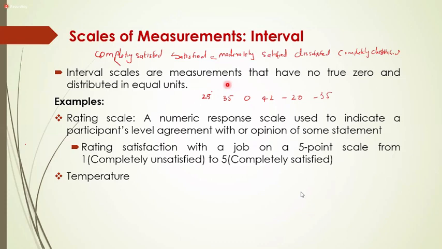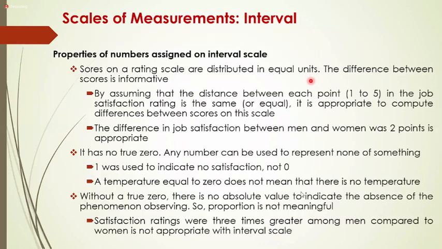Why is the ratio not meaningful in this case? They don't have a zero value, right? So these are some examples of interval scales. Based on these examples, scores on the rating scale are distributed in equal units. That means the difference between scores is informative or meaningful.